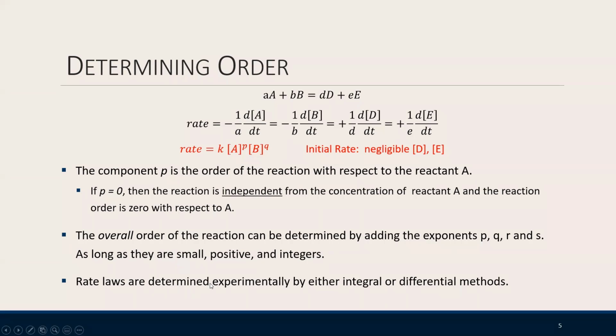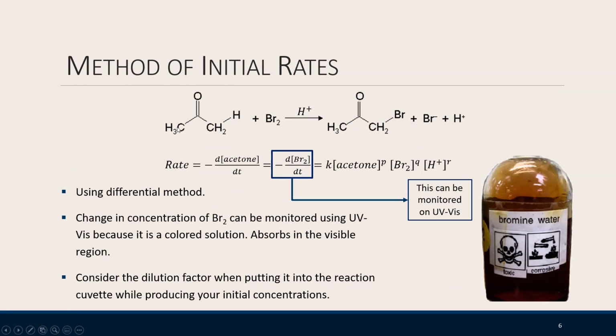The rate law is determined experimentally by either the integral or differential method. Because we use the initial rate law, and we use the rate definition by the differential of concentration over time, we use the differential method. The reaction we discuss today is the bromination of acetone, catalyzed by hydrogen ion, a proton, and these are the products.